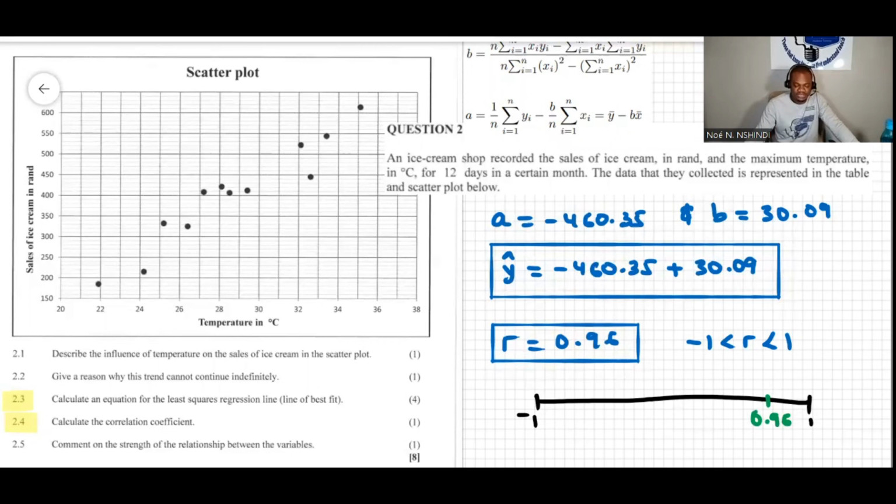So the answer is very strong, I can just write it through here, a very strong positive relationship. This is for question 2.5.